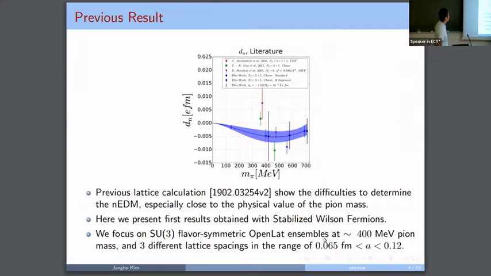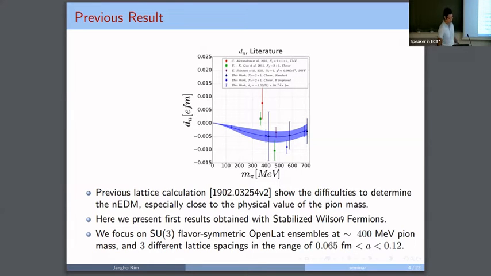This is the previous result by Jack and Andrea Schindler. Actually, this is not this work, but their simulation points were here and here and here, so it's a little bit far from the physical pion mass, and there was some difficulty.